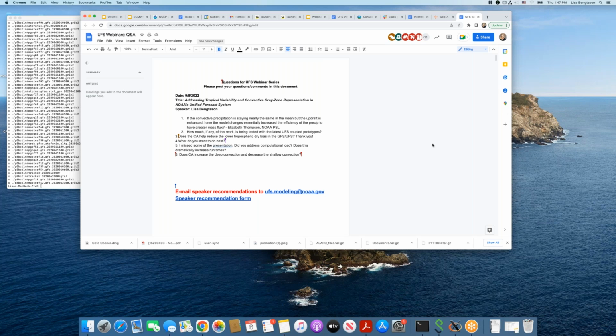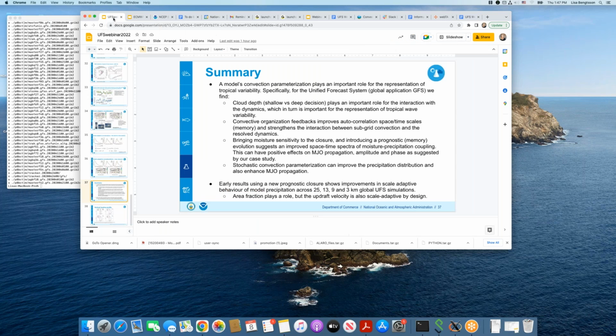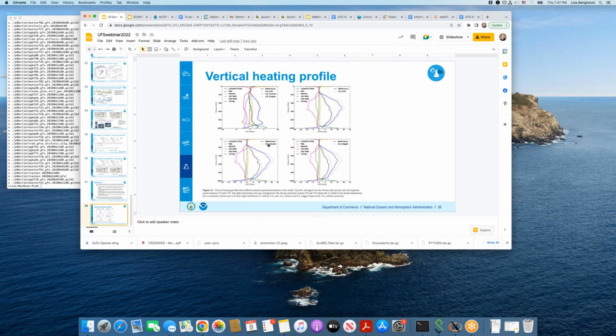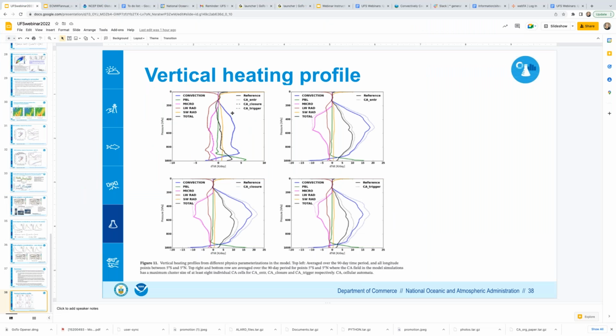Does the CA increase the deep convection? No, I could. Here, the CA has a very small impact on the heating profile. The CA in this case is almost neutral.